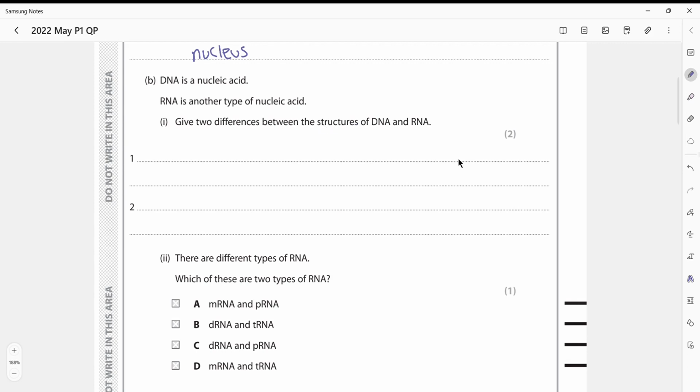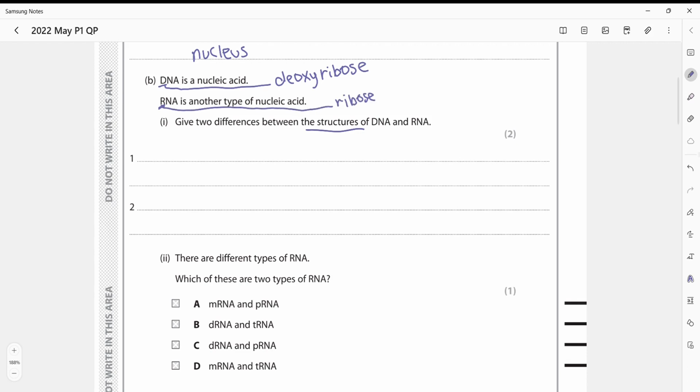Let me just underline that properly because that bothered me. Okay, so one of the differences is actually in the name. The D in DNA stands for deoxyribose, and that's the sugar that is inside of a DNA molecule, whereas the R in RNA stands for ribose.